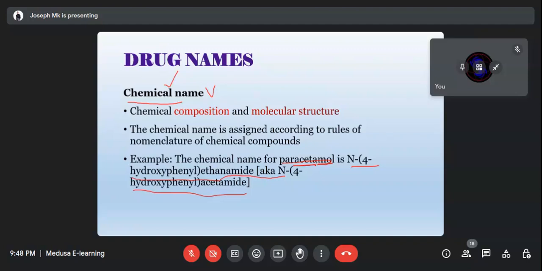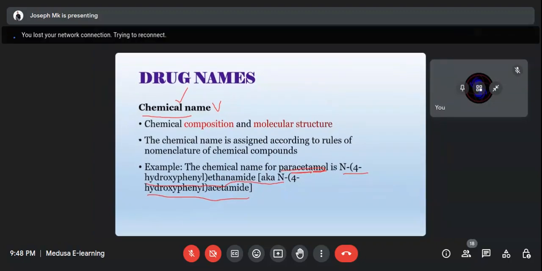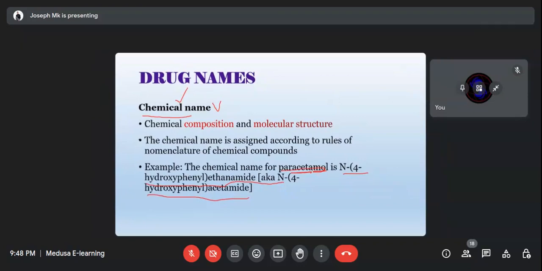So if we say Panadol, it's actually a brand name. A certain company just came up with that name to say, okay, in as much as there is paracetamol, we are going to call it Panadol to differentiate ourselves from the others.